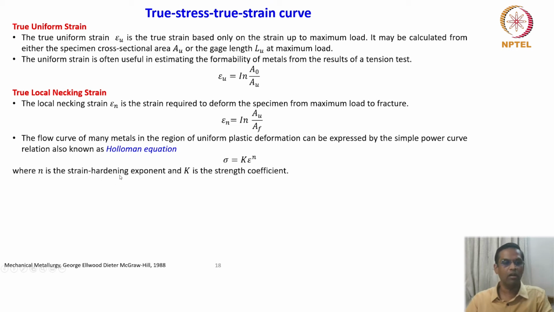Where n is the strain hardening exponent and k is the strength coefficient. Very widely used. Okay, the most popular and very simple equation.